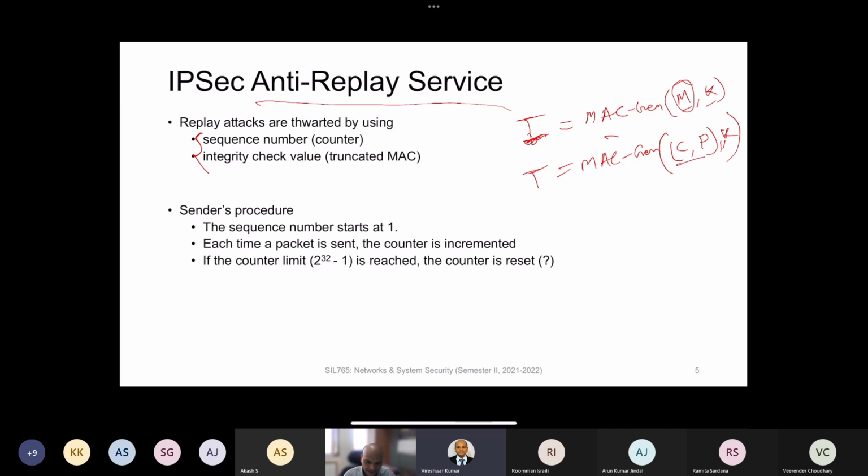If you read the literature, this message authentication code that we defined initially is referred to by different names in different security protocols or standards. Somewhere it is called message integrity code, somewhere it is called integrity check value, ICV.